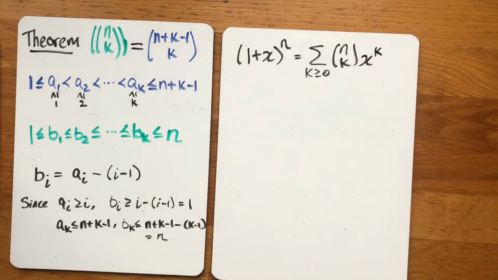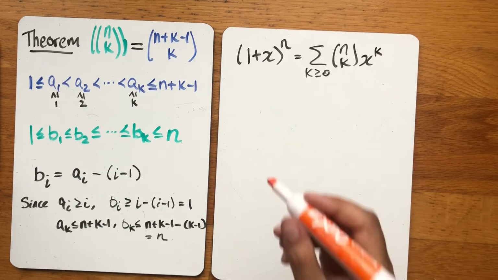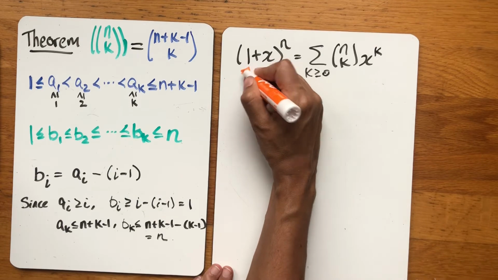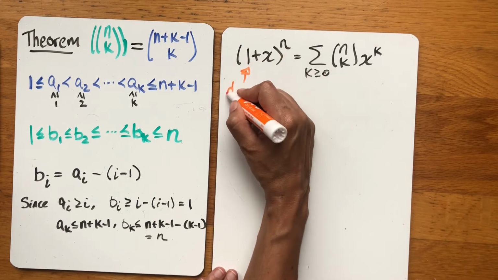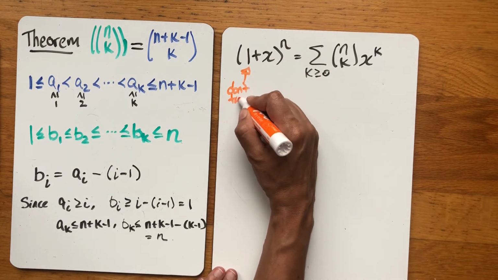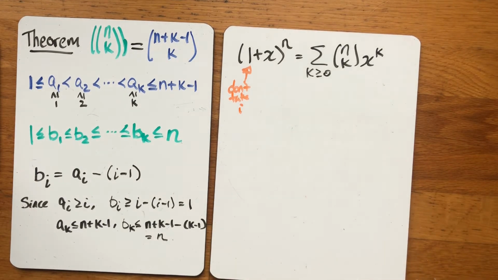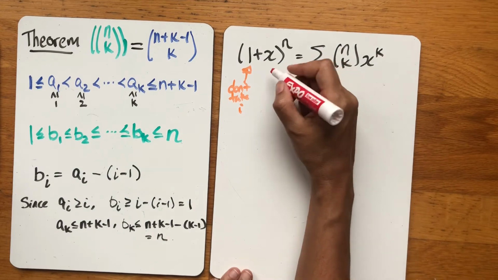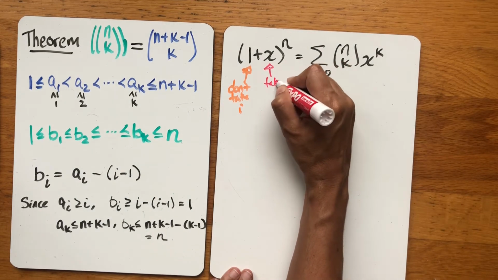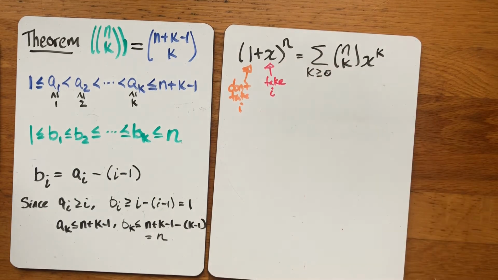And what we said was that this is sort of like here, not taking the element, so don't take I in your set, and here this corresponded to take I. And that's our combinatorial interpretation.